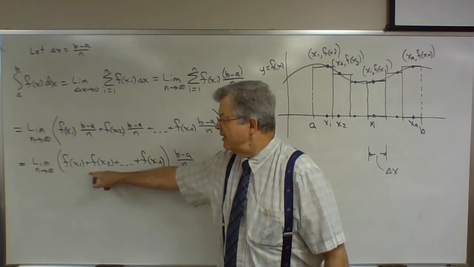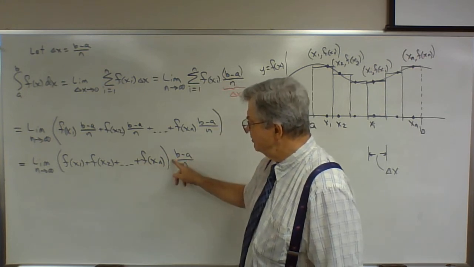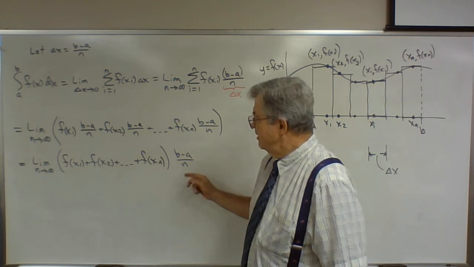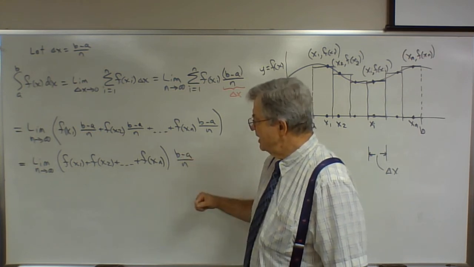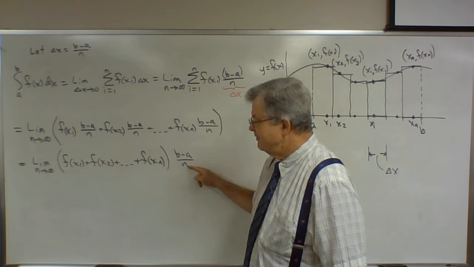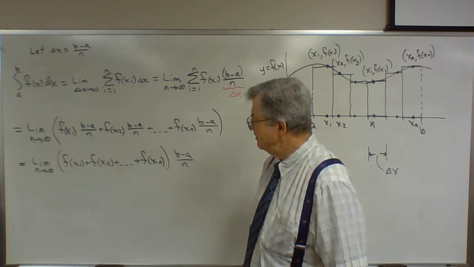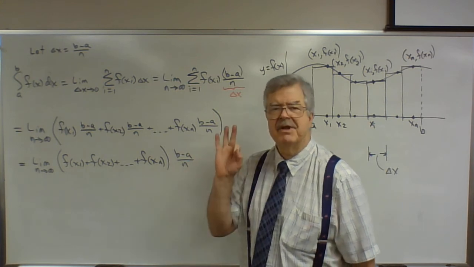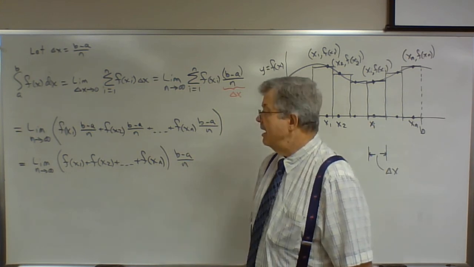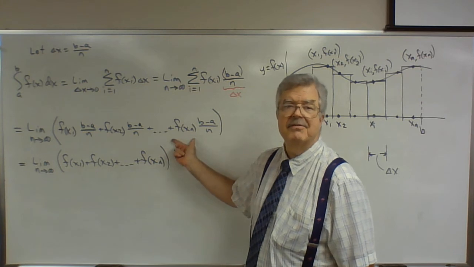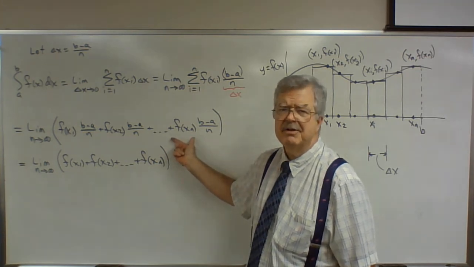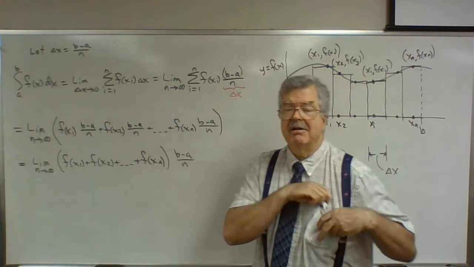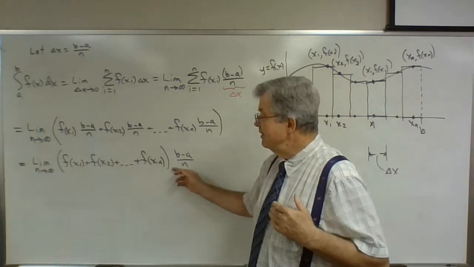I'm just going to add all of this stuff together and then multiply by b minus a over n. So let's see, b minus a, that's one operation. B minus a divided by n, that's another operation. And this whole thing times b minus a over n, that's three operations. As opposed to, what did I say, 1,500 operations if we do it this way. We just saved ourselves a lot of round-off error by doing this.